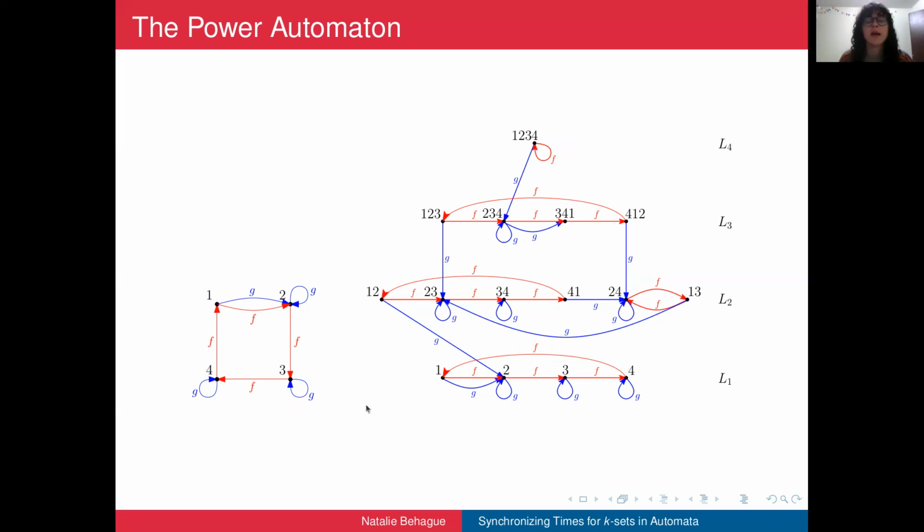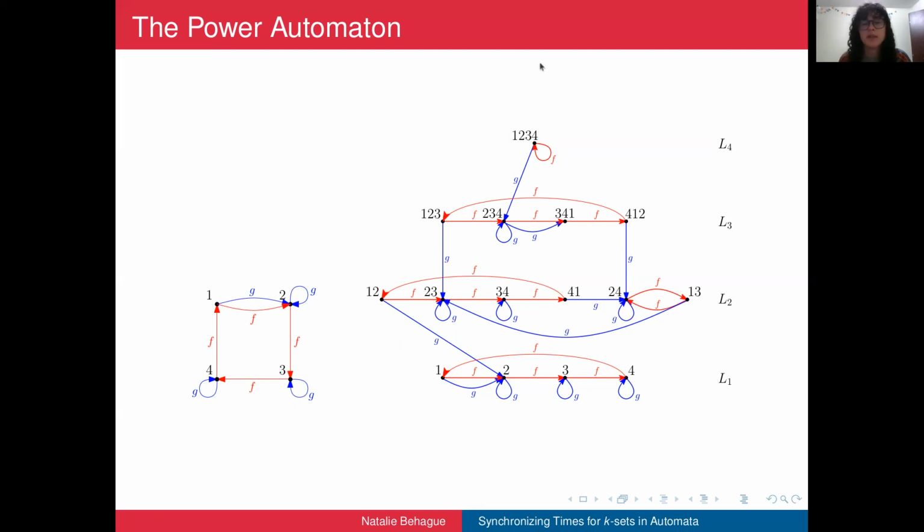This is a very natural object to consider, because in terms of the Chinese conjecture, we're always just talking about how short a word can be that sends everything down to a singleton. So in terms of this picture, a reset word is a path that takes you from the set of all states 1, 2, 3, 4 down to one of the singletons.